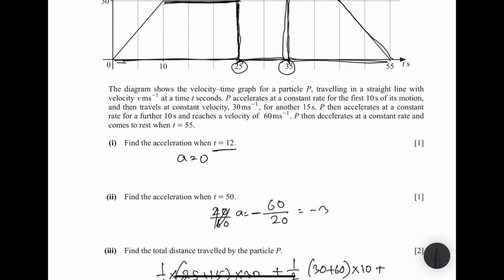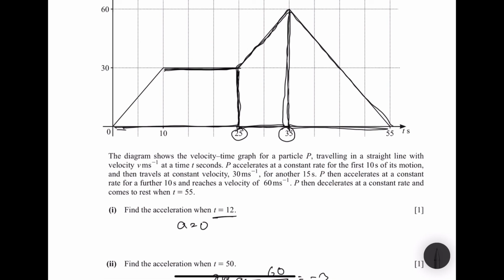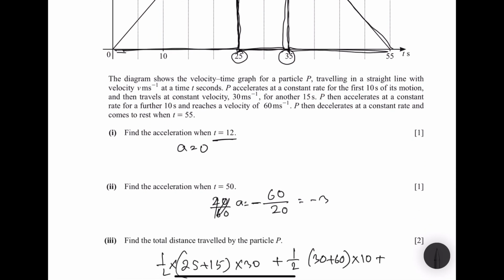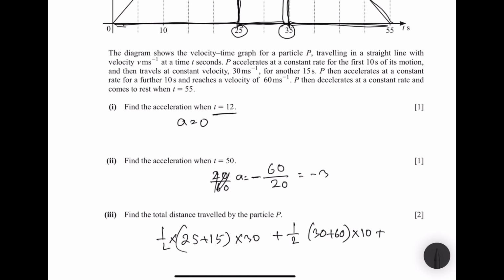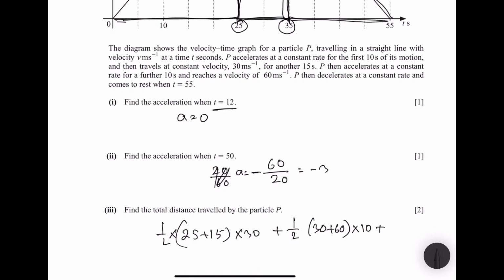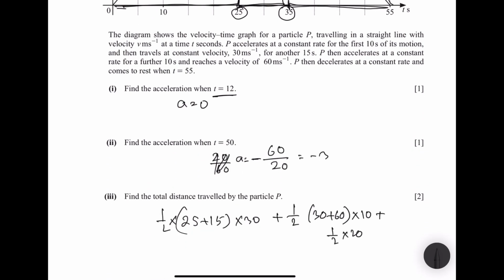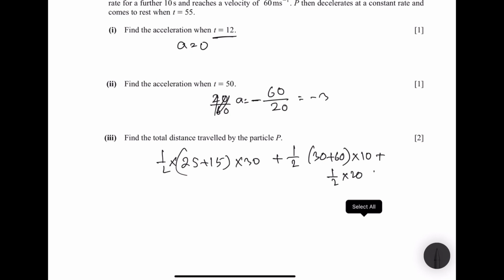And then the final thing is a triangle: 55 minus 35, 20, half, 20 into height 60.